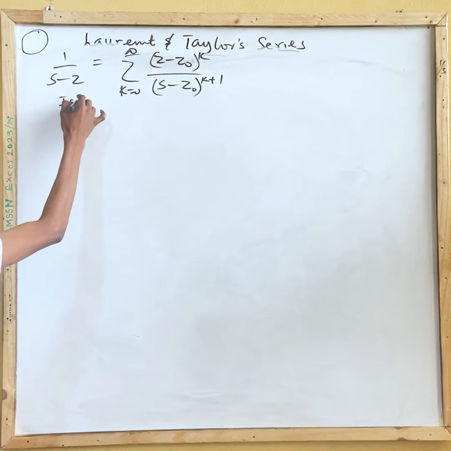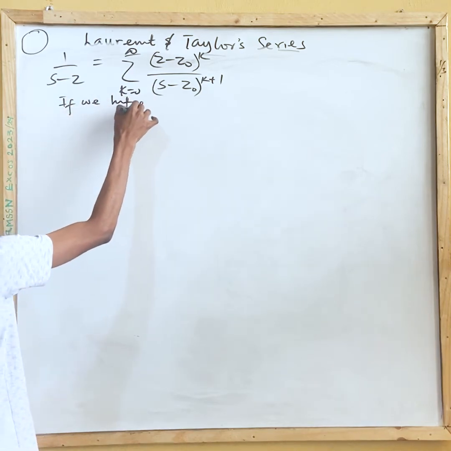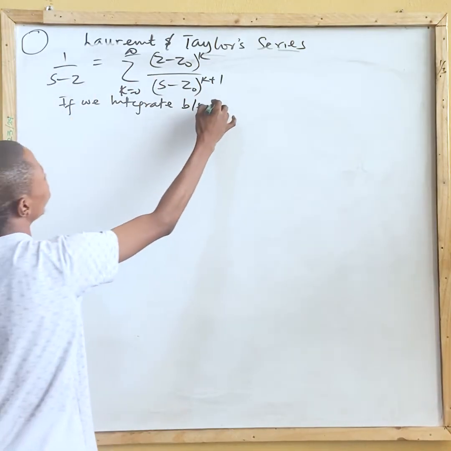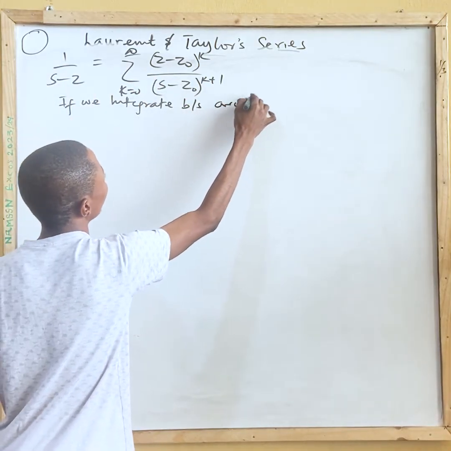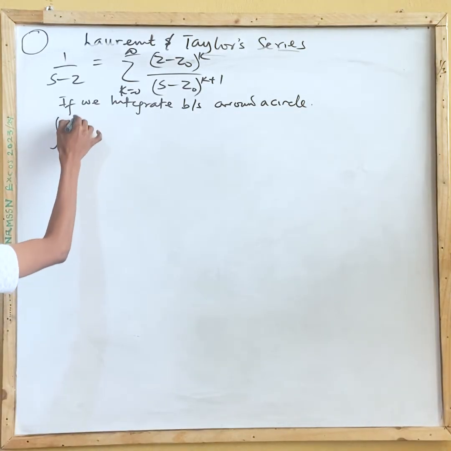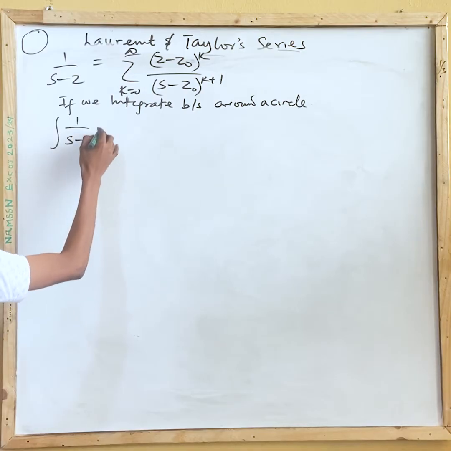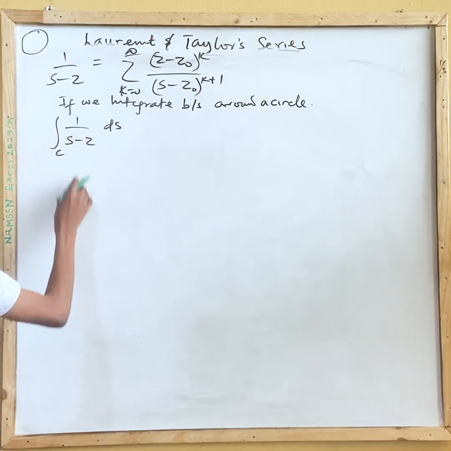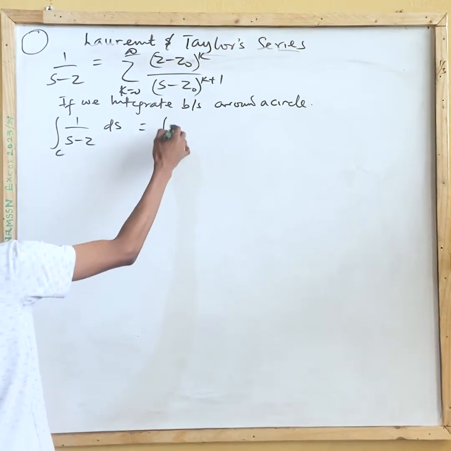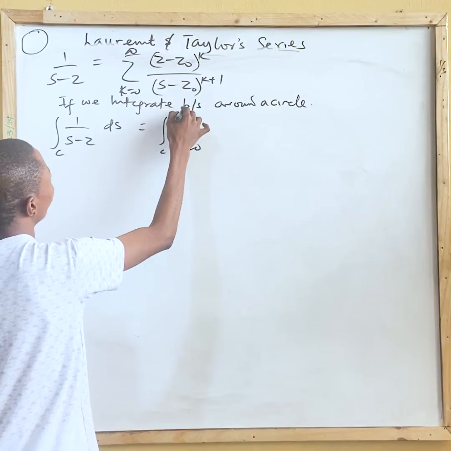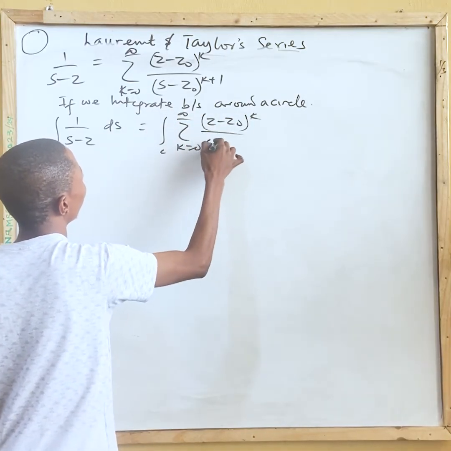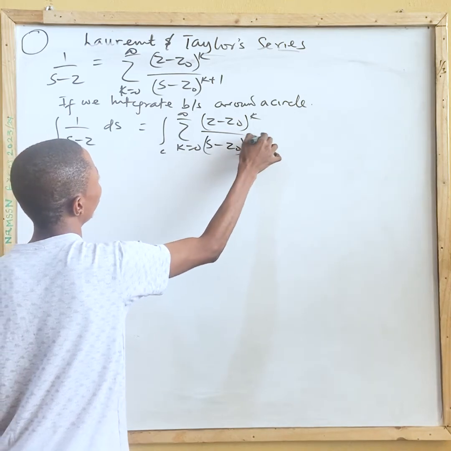So if we integrate both sides around a circle, I'm integrating 1 over s minus z ds around a circle like this, equals the integral over c of the summation, k starts from 0 to infinity, of z minus z naught all raised to power k divided by s minus z naught raised to power k plus 1.